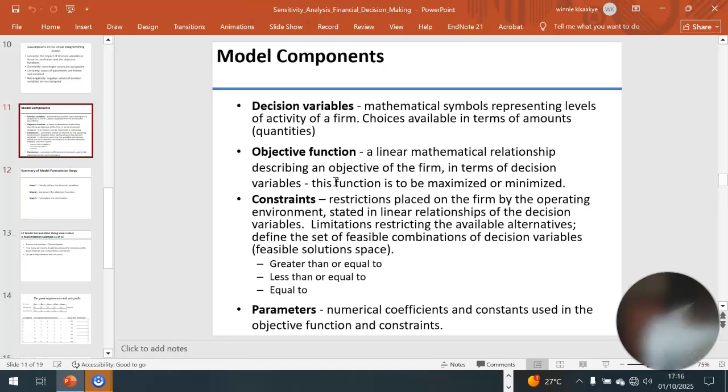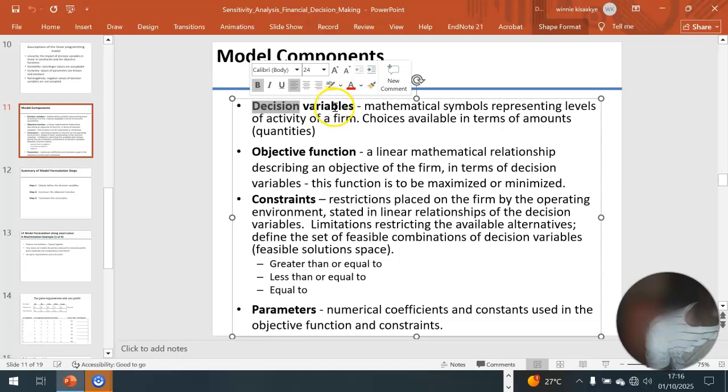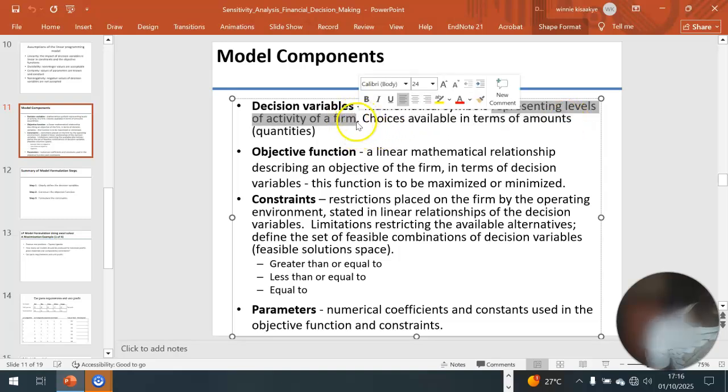Okay, so in solver we expect 4 components as we are using solver. First of all, you must have the decision variables. Decision variables, in most cases, represent the levels of activity of a firm, like, to what level is a firm active?